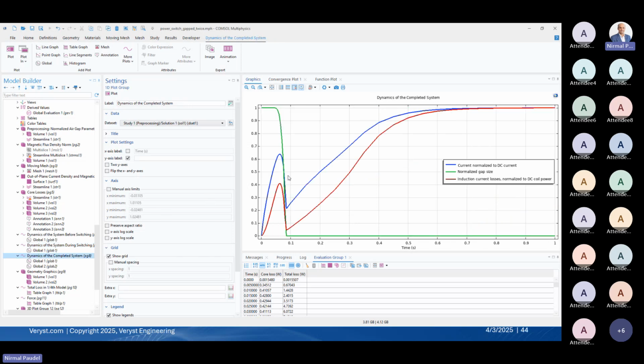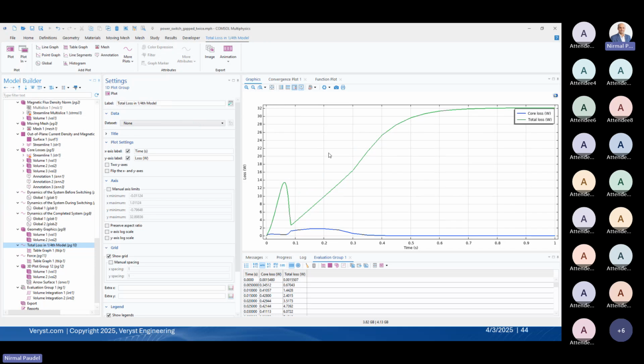And the next step, when the gap is minimal, the current slowly increases again. Because during this transition the actuator is allowed to move, so it doesn't draw more current. But once it's fixed here, it again starts to draw more current.